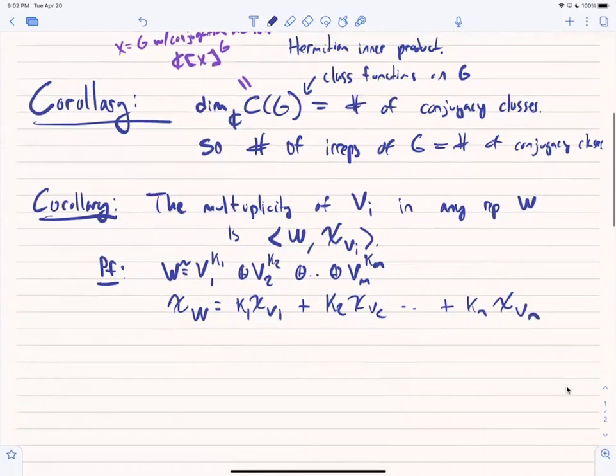That's just using that the character adds up over direct sums, which was again because the trace of a matrix adds up over direct sums.